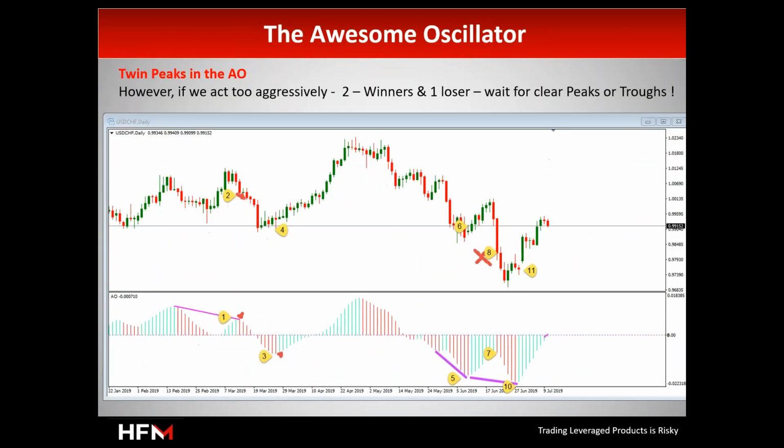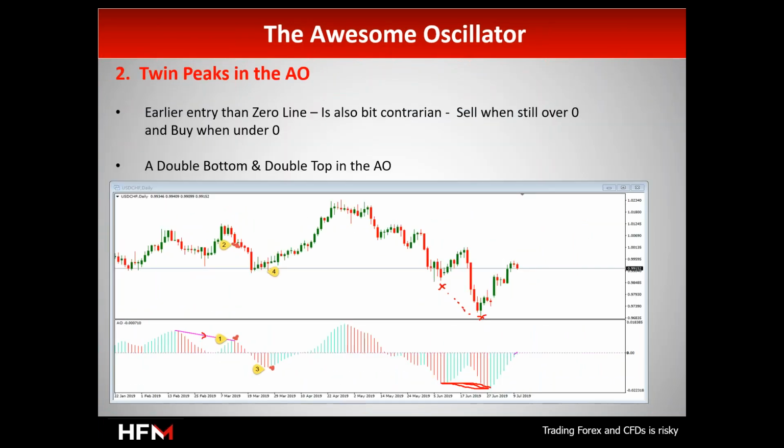Now let's cover the bearish scenarios. If we have two consecutive peaks above the zero line, but the second is lower than the first one, like in this case, that's a bearish scenario.